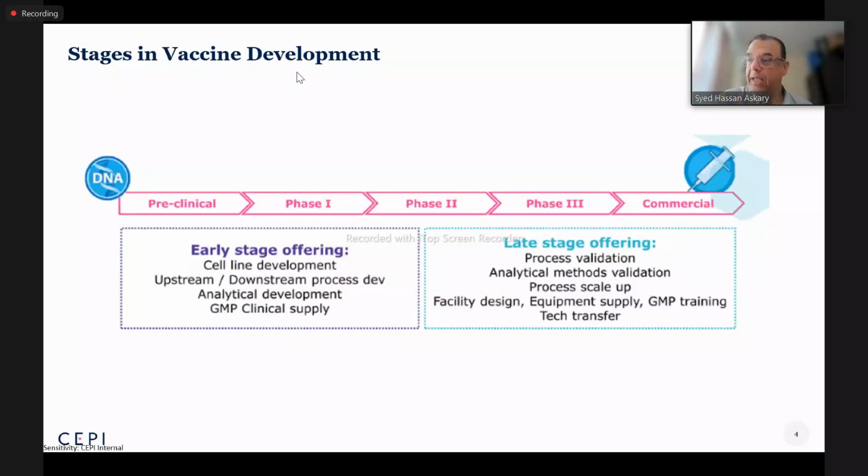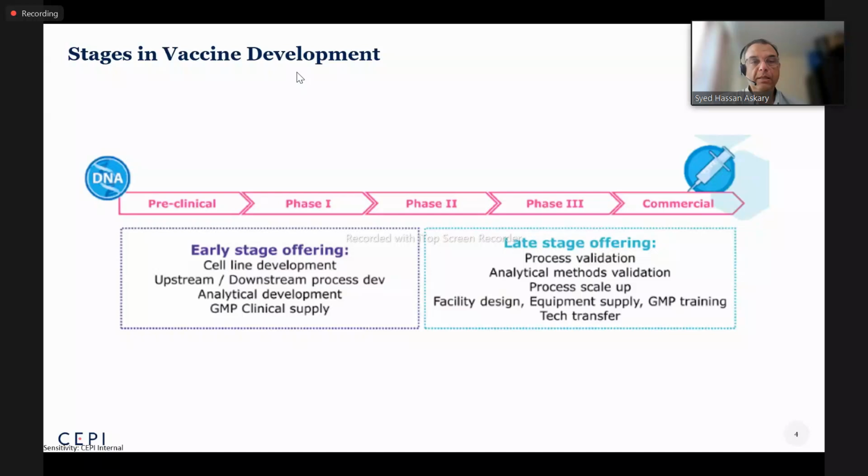Some countries like Korea, because I just recently had this experience with the Korean agency, MFDS, require genotox studies. So, toxicology studies to demonstrate that, in different systems within the body, there's no toxicity developed, and they require that as part of going into phase 1.